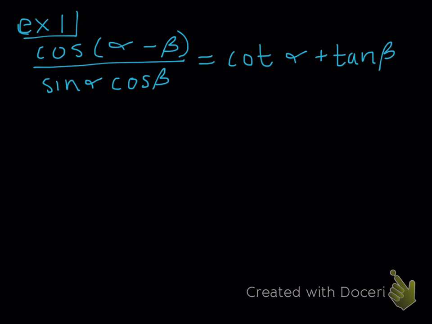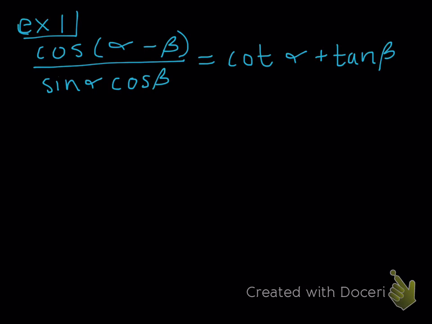So here is our first example, and we're trying to verify that cosine of alpha minus beta, all divided by sine alpha cosine beta, is equal to cotangent alpha plus tangent beta. So we are going to work with the left side, and we're going to use our formulas. So we're going to use the formula that says cosine alpha minus beta. So we're going to replace that with what it's equal to.